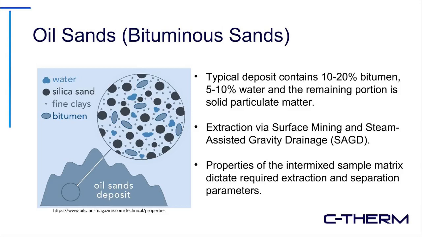In this case, the formation that the deposit is in will matter, depending on the location you're extracting from. But really, it's the intermixed sample matrix that's of interest here, and understanding the thermal properties of that mixture is what's really important when you're designing your extraction methods.